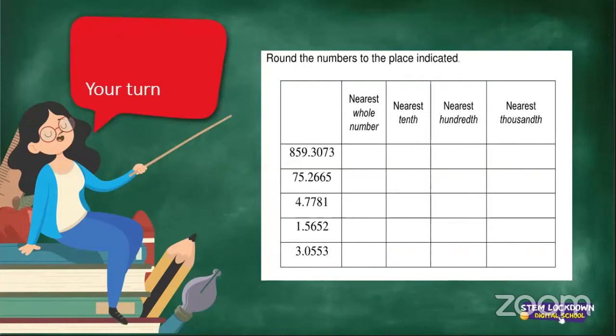1.5652. The nearest whole number, 2. Thank you so much. It is 2.